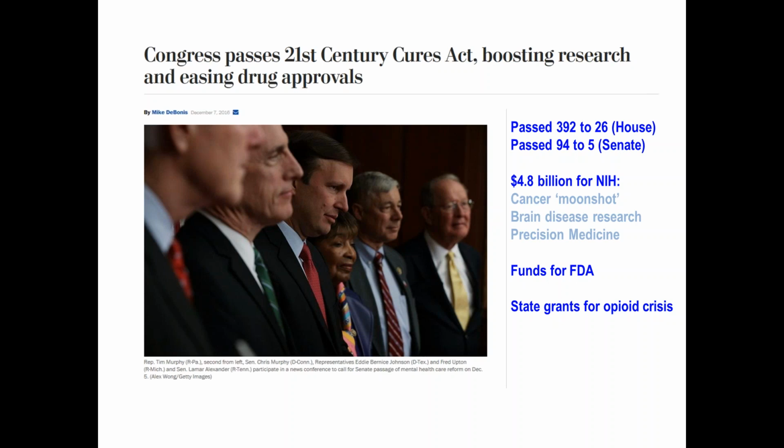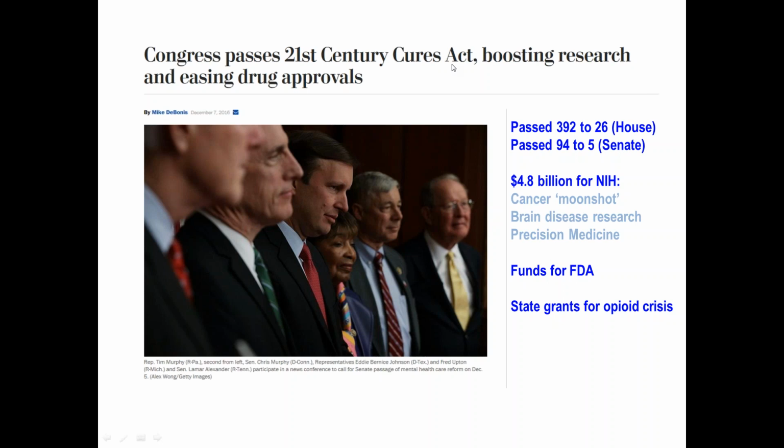Fortunately, the news this morning was very optimistic, in that the Congress over the weekend did put together a funding package to keep the government running for the current fiscal year through the end of September. Included in that was the authorization for a bill that was passed into law last December called the 21st Century Cures Act.